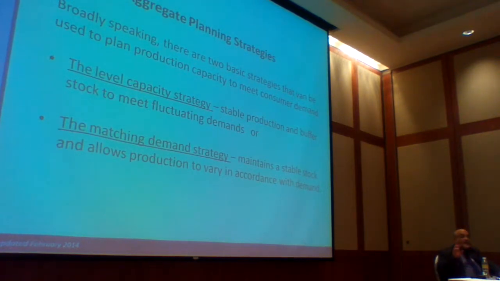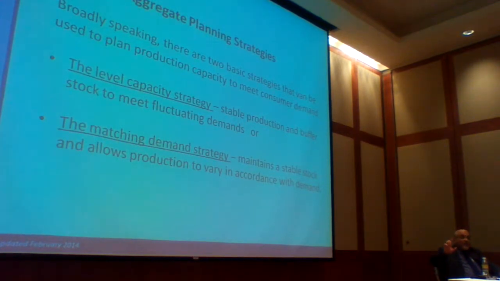Aggregate planning strategies, there are two. One is called the level capacity strategy, and the other is called the matching demand strategy. The level capacity strategy is, say, you have stable production. So you produce the same amount every month, right? Stable production and buffer stock.